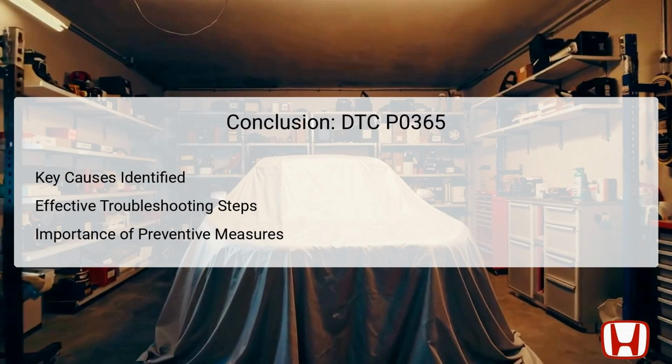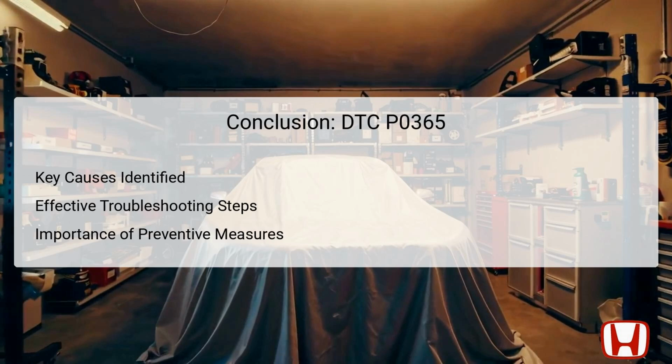Thorough understanding and handling of DTC P0365 are critical for maintaining the performance of the Honda Accord from 2012 to 2017. We identified key causes, including poor connections, open circuits, and shorted wires that can lead to this DTC.